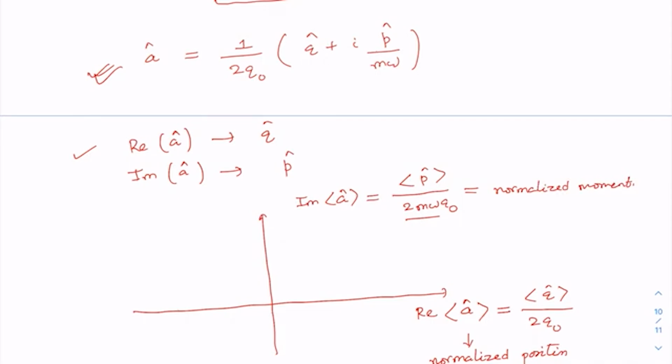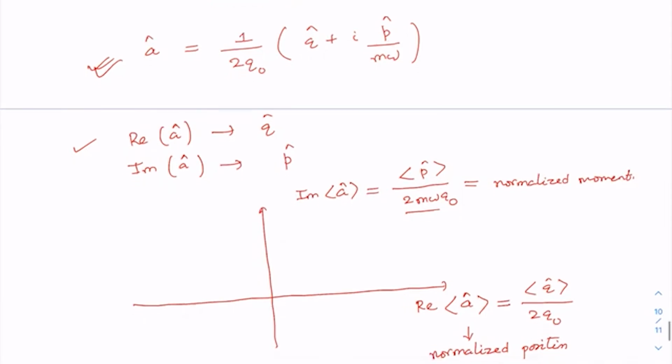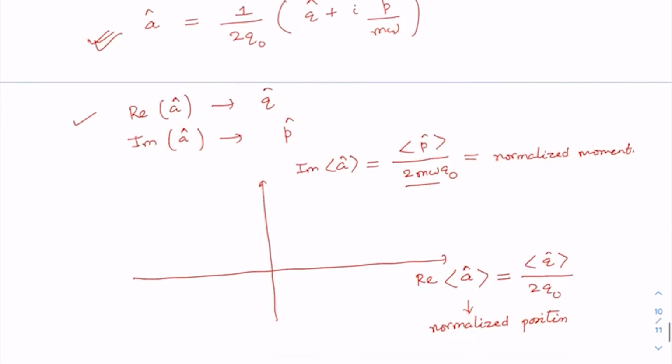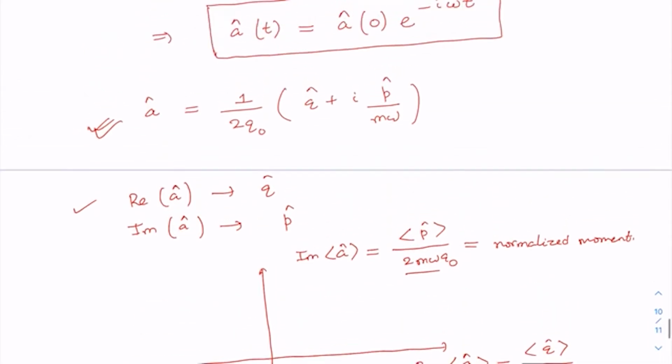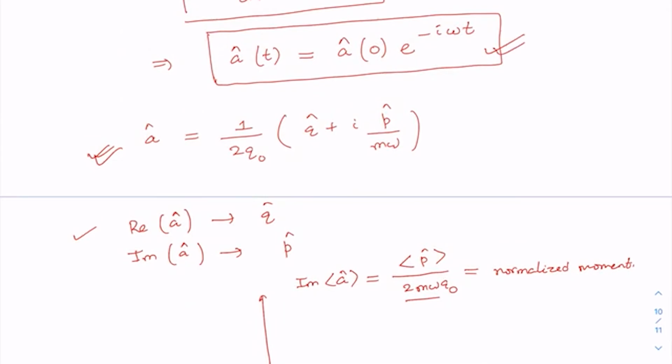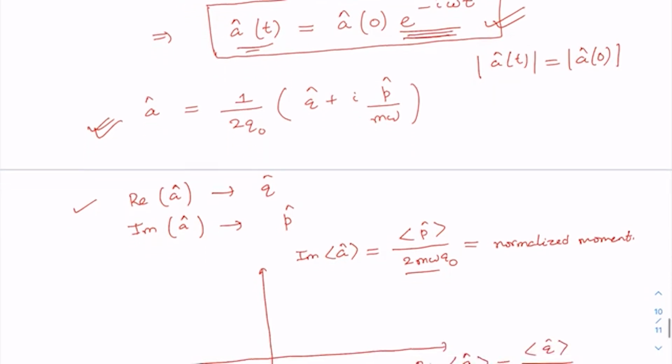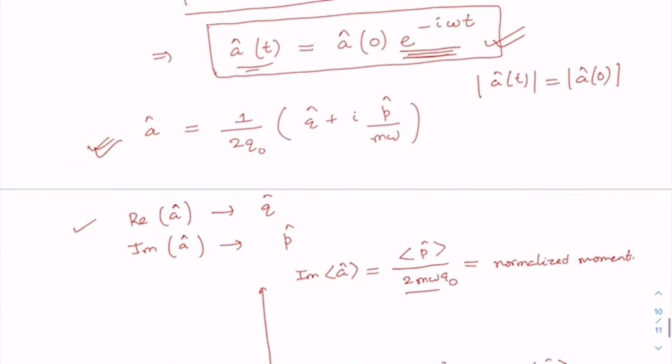Now, to plot it, if you look at the expression for A(t), it is very clear that the magnitude of A(t) remains constant in time, because of this exponential factor. It is only multiplied by a phase factor, and the phase varies linearly in time.